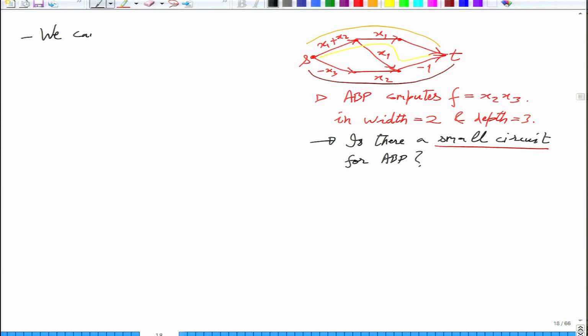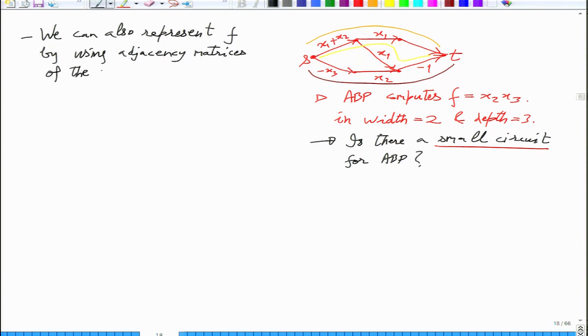We can also represent this f by using adjacency matrices for the level transitions.